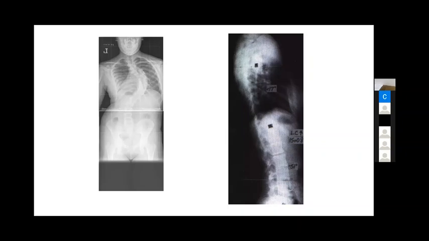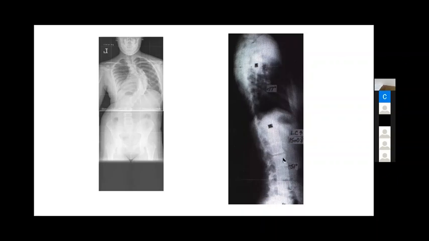We can see there is a curve of the thoracic spine with the convexity to the right side. And you can't see any congenital abnormalities. You can mention if there is any fused vertebra or anything like that.